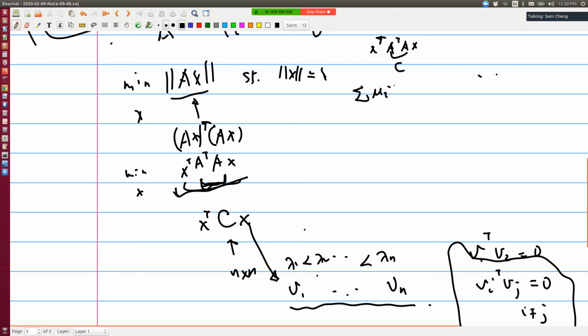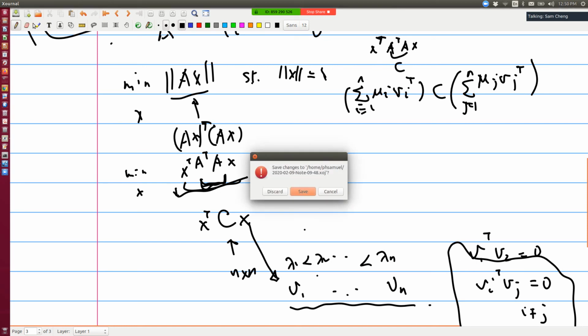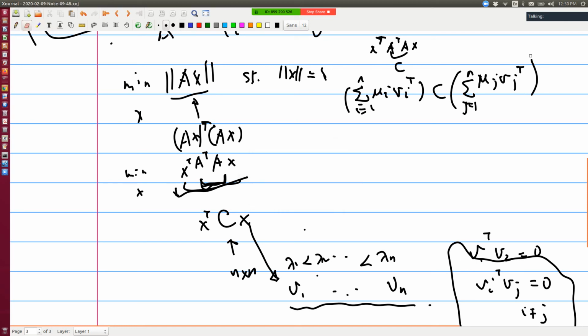It's the summation of mu_i v_i transpose, i equal to 1 to n, times C, times the summation j equal to 1 to n of mu_j v_j. And no transpose on the second one, I'm sorry. So I have A transpose outside, but my transpose gets inside, right?